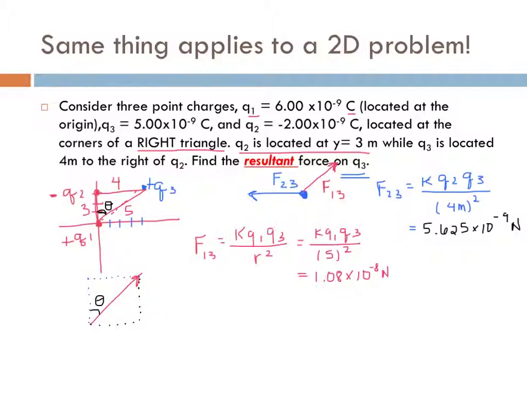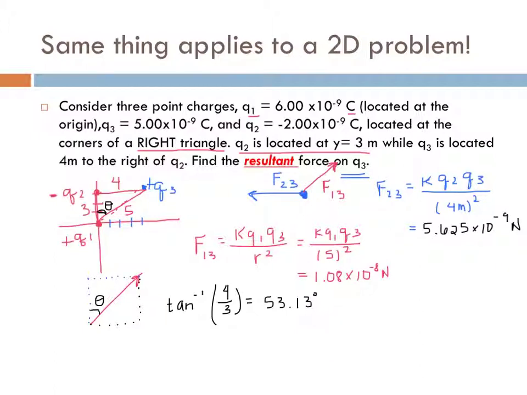So to find that angle, we're going to use inverse tangent of opposite over adjacent, 4 over 3. So you get an angle of 53.13 degrees.